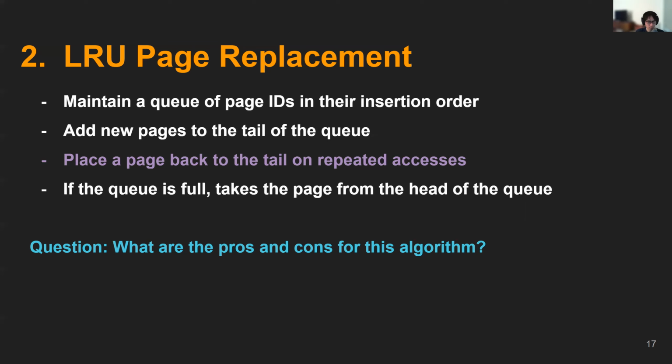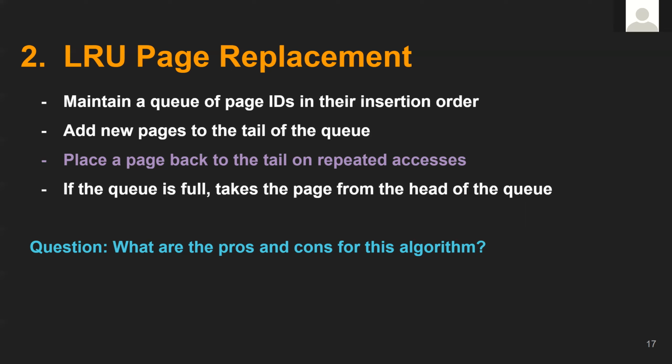Someone just name one pro for this algorithm. It could be like the most frequently accessed page could be at the top. Like in FIFO, even if we were using a page very frequently, it still had the possibility of being evicted.